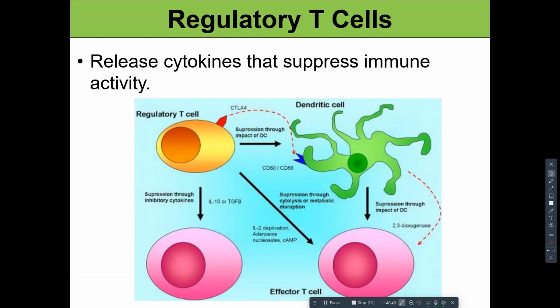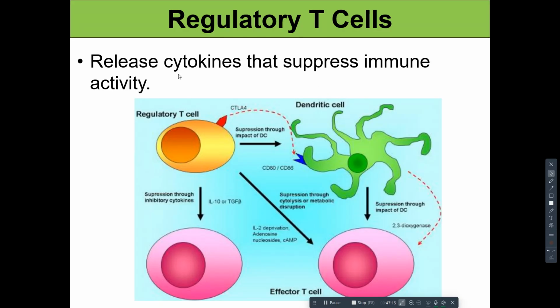Okay. The final thing we're going to talk about is one other branch of T cell. There's also T cells called regulatory T cells. They used to be called suppressor T cells. I kind of like that name better. Regulatory T cells, they release cytokines, interleukins, and other things that suppress immune activity.